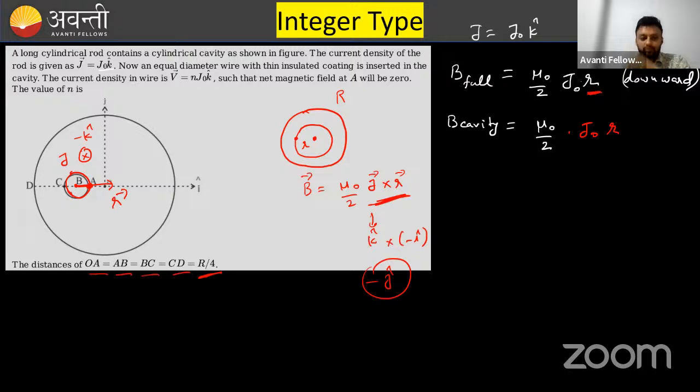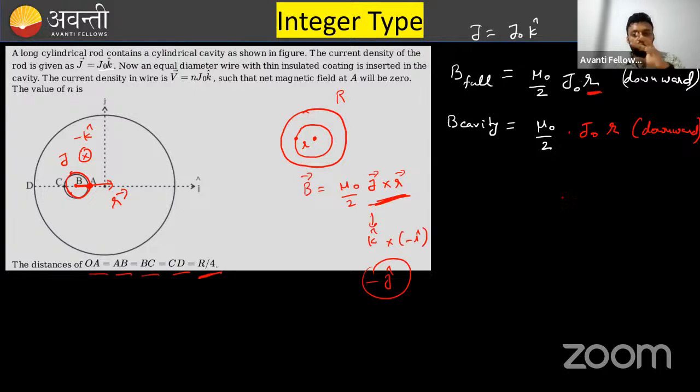It is again minus J cap. Using the right hand rule, you can easily do it. Current density is into the plane, and on the right side is the position vector of point A. So it is again coming downward. But I think you must be seeing it in mirror image format, that's why it's difficult for you.